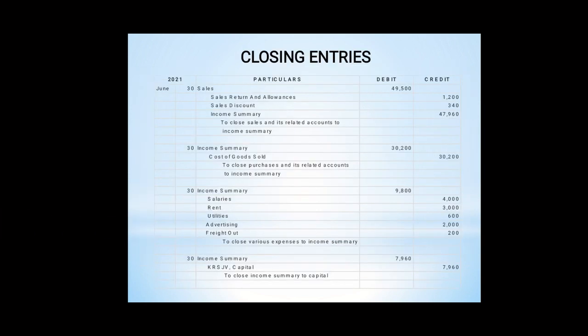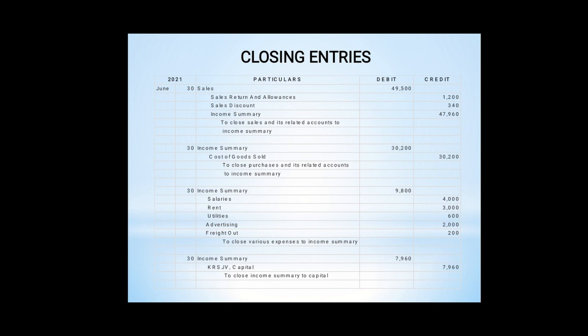So the next step is closing entry. Closing entries are prepared at the end of the accounting period to zero out all nominal accounts in the ledger. This is done so that the transactions during the period will not commingle with the transactions in the next period.